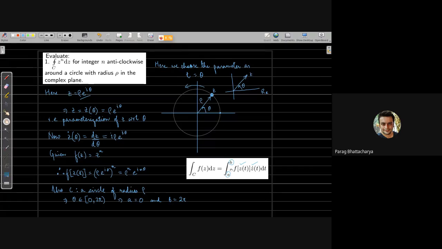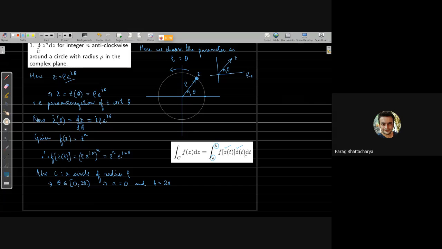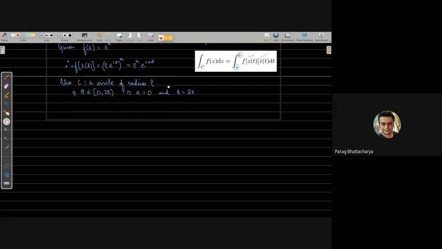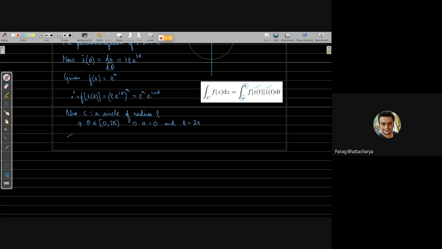So we have everything in place here. We need to integrate this. We know what f of z of t is. We know z dot of t, and we have a and b over here. All we need to do is substitute everything here. So the integration over c of z to the power n dz will be equal to, just make all the substitutions.